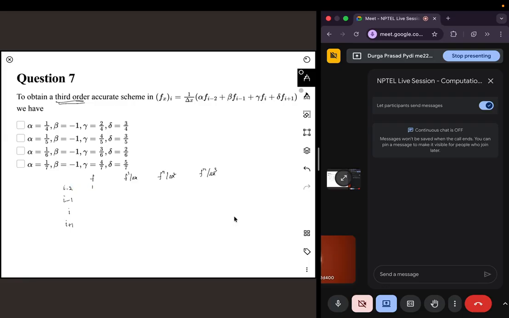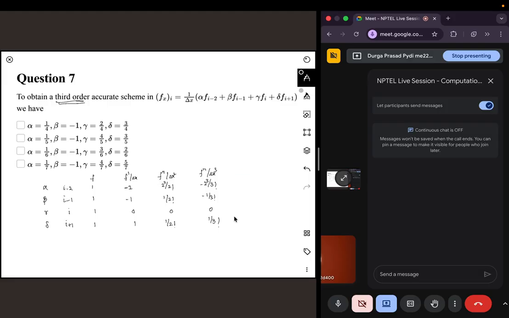For I minus 2, this will be minus 2. Since we are taking up 4 unknowns, we'll be taking up to 4 terms, and the one that will be remaining here is delta x to the power 4.